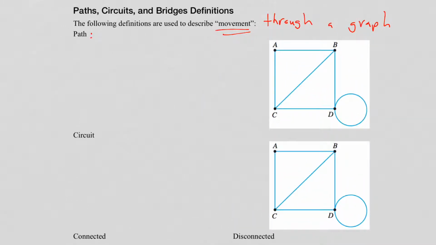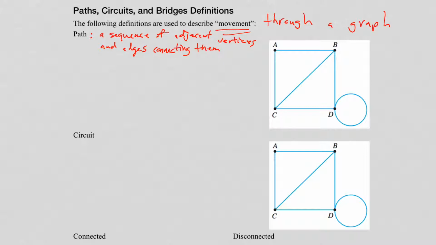So a path is basically, guys, a sequence of adjacent vertices and edges that basically are connecting them, okay? So a path that you walk, okay?